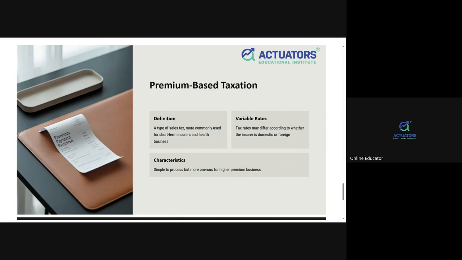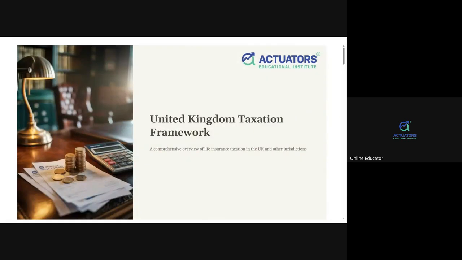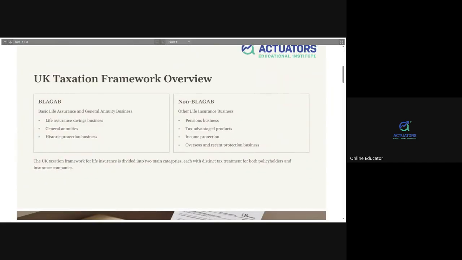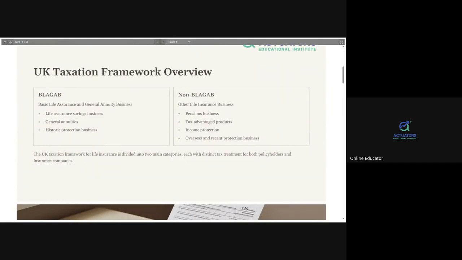So far, so good, guys. So this was the first chapter for taxation. We'll quickly move to the second one as well, where we'll now focus on what the UK taxation framework is in the first part of the chapter. We'll then talk a bit about Ireland, Australia, US as well. For the UK taxation framework, you need to know what BLAGAB, non-BLAGAB, all of this is.